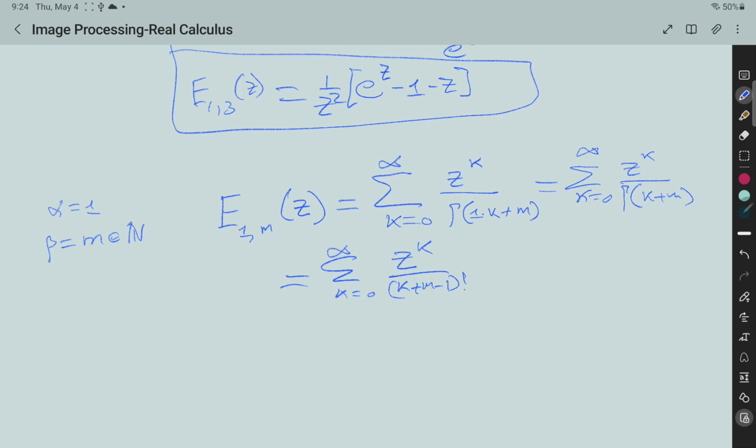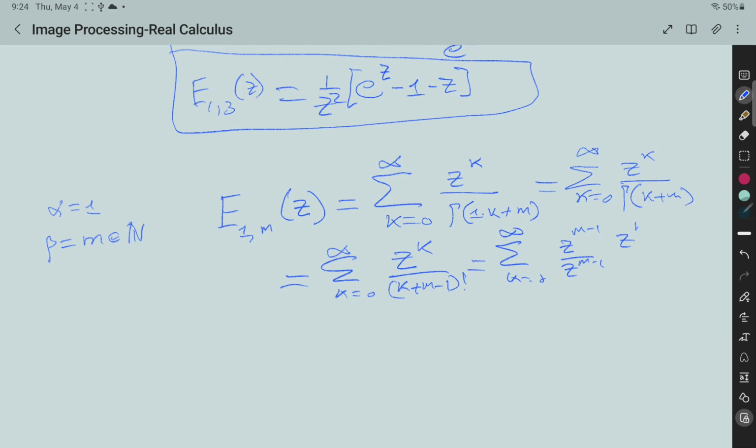So one way to add the m minus 1 is to divide by z raised to the m minus 1. Okay, so k equal to 0 to infinity. So I'm multiplying z^(m-1) divided by z^(m-1). Okay, this is just 1.